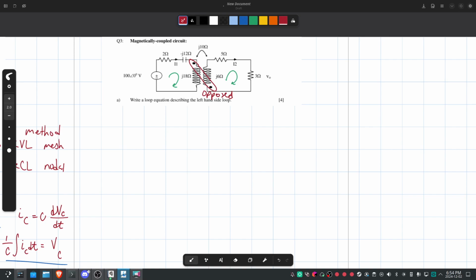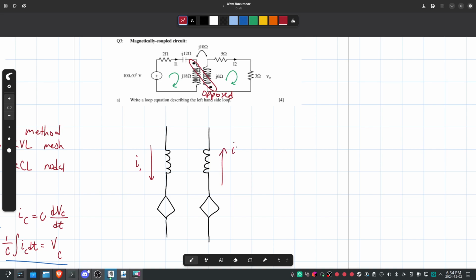A better way to think about it: let's draw out a big blown up diagram of this. I do the dependent source method because I just prefer it. This is going to be I1 and this is going to be I2. And we have our dots. They're opposed.